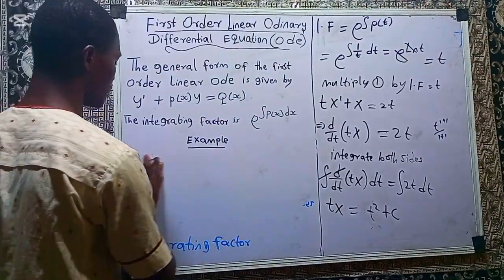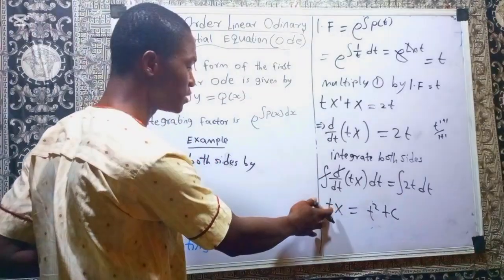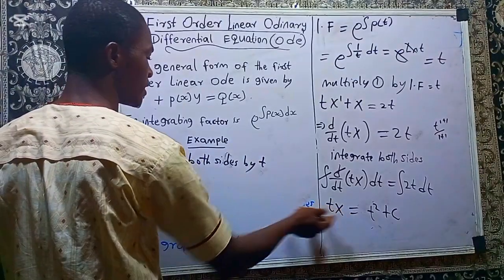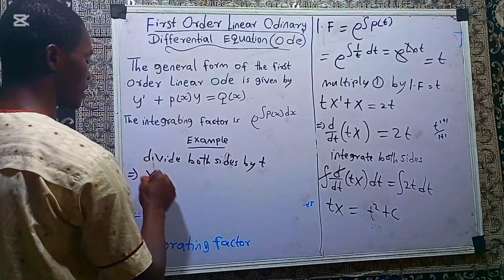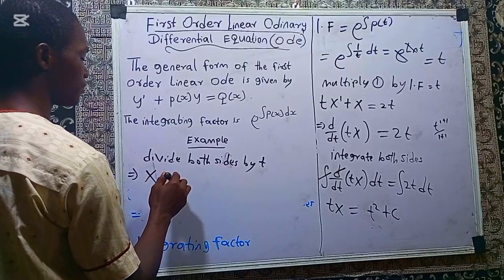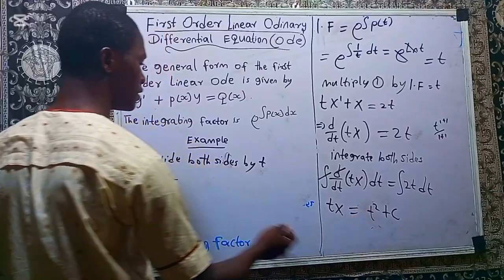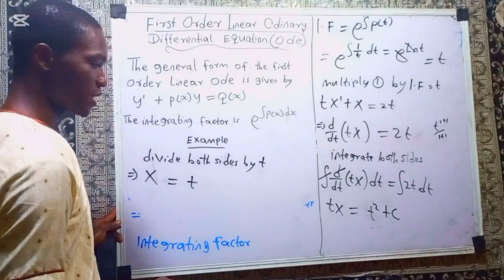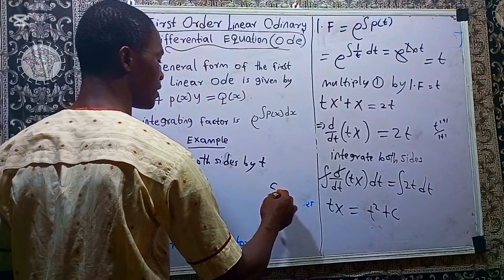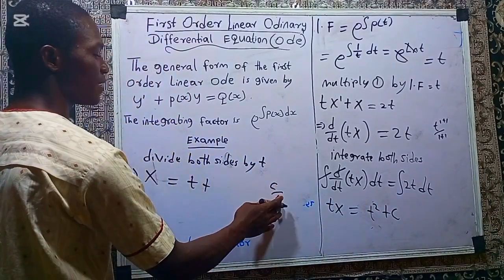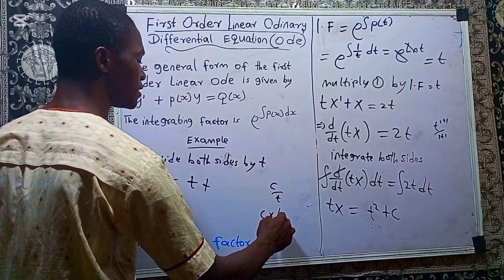Now I want to make x the subject of the formula. I will divide both sides by the coefficient of x, which is t. If you divide here by t, you have x left. Divide t squared by t, you have t left, plus divide c by t, you will have c divided by t. But c divided by t is the same as c times 1 over t.